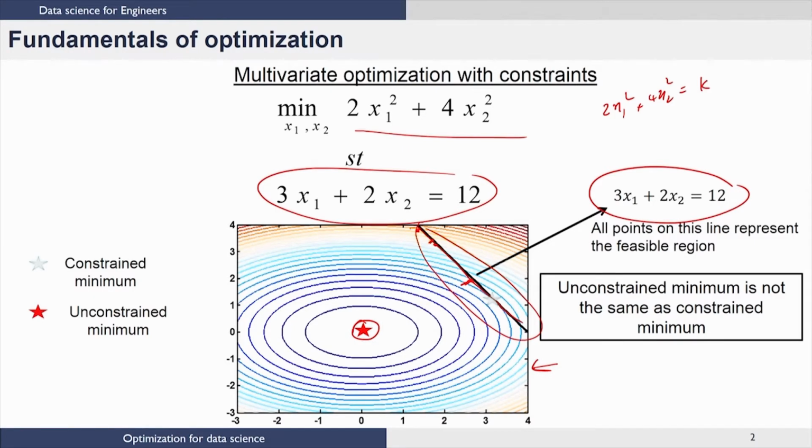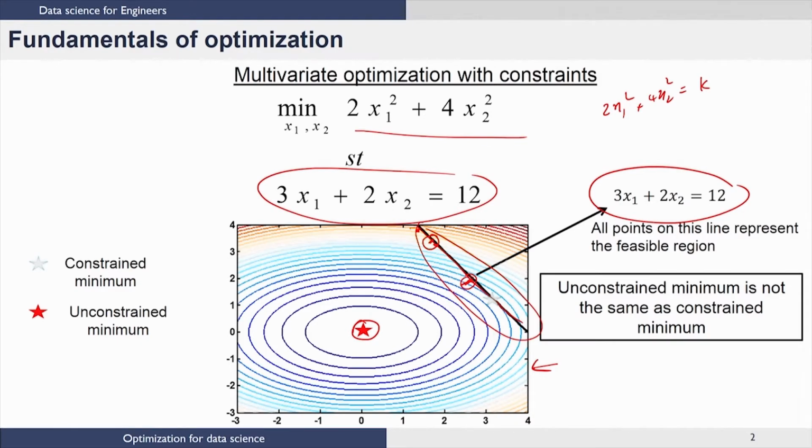The way to think about this is the following. When I pick a point here, I know that the objective function value would be based on the contour which intersects at that point, and if you compare these 2 points, you will see that this point is worse off than this point from a minimization viewpoint.